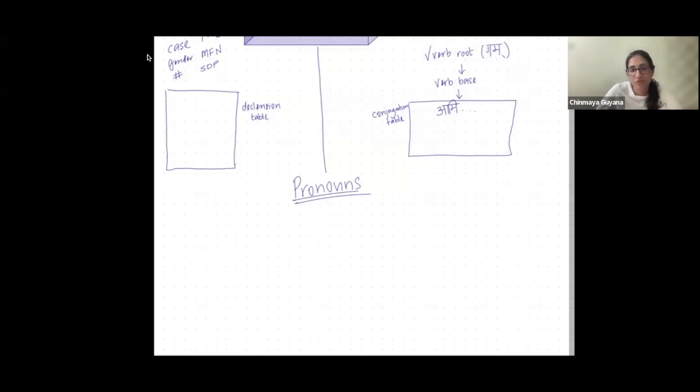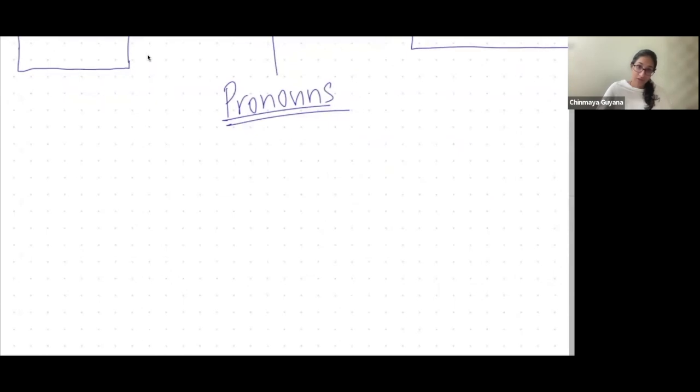Examples, I, you, he, she, it, all. So many different types of pronouns will be there. It's not restricted only to I, you, he, she, it. That's just what we have learned, but there are many pronouns. So pronouns, if they replace nouns, then they will have the same structure as nouns.